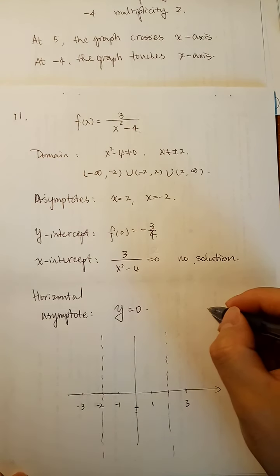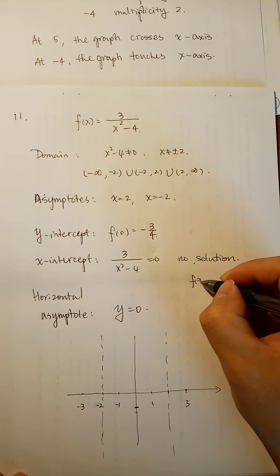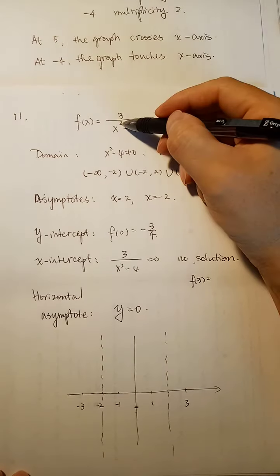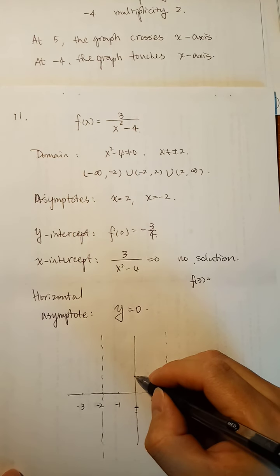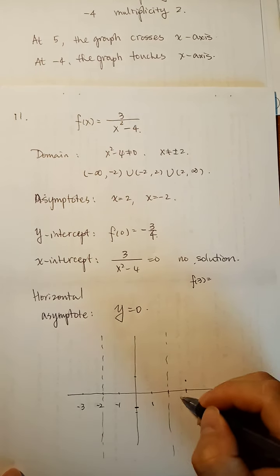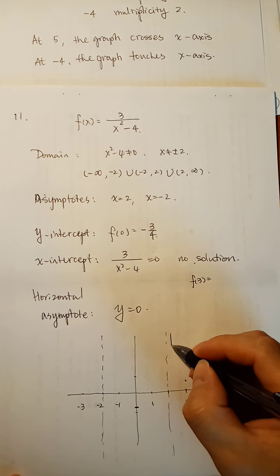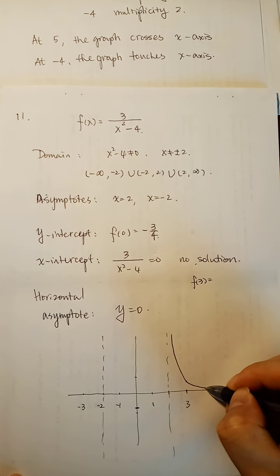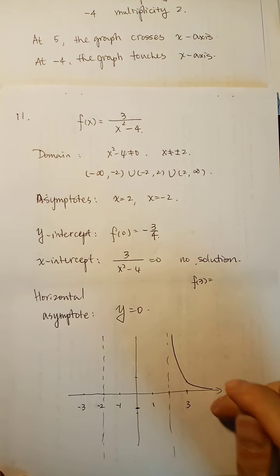F of 3 is what? 3 squared is 9. 9 minus 4 is 5. 3/5. So it's here. If you want, you can examine more. It will be more or less like this. Don't touch the x-axis. There's no intersection.